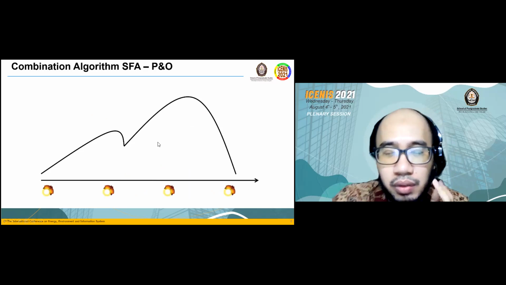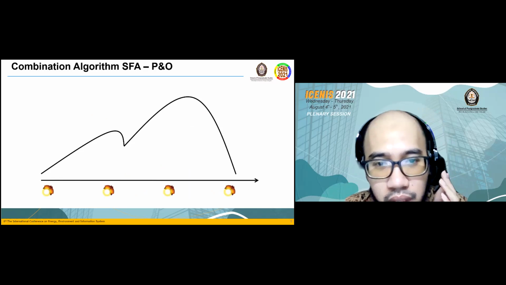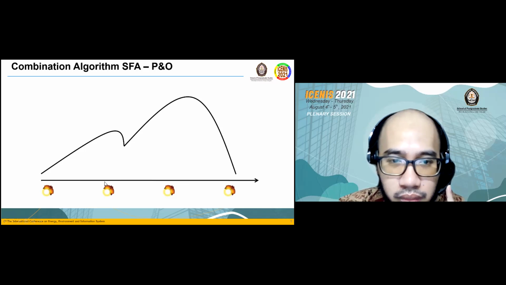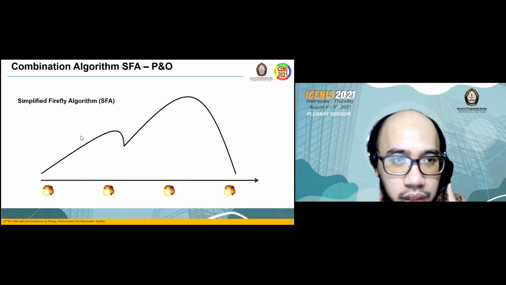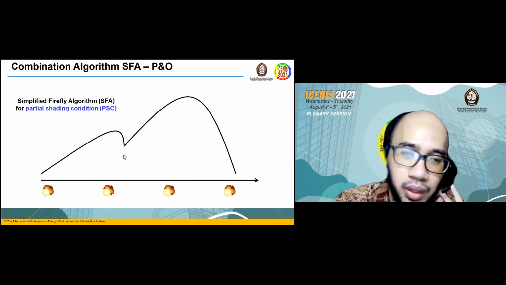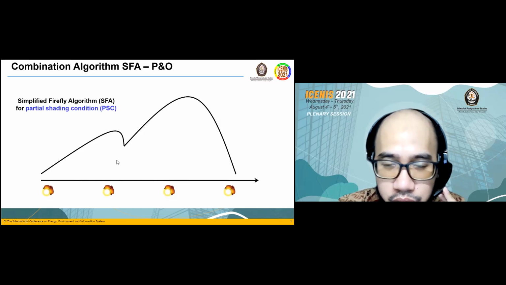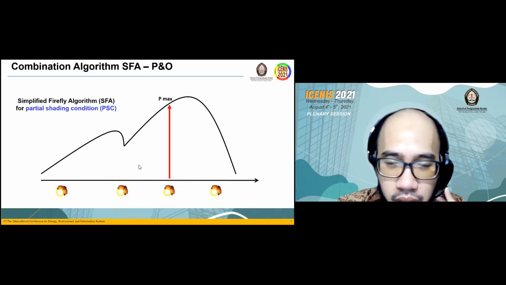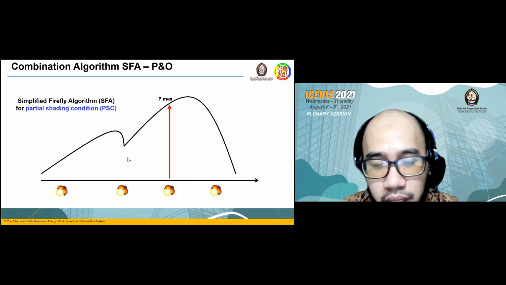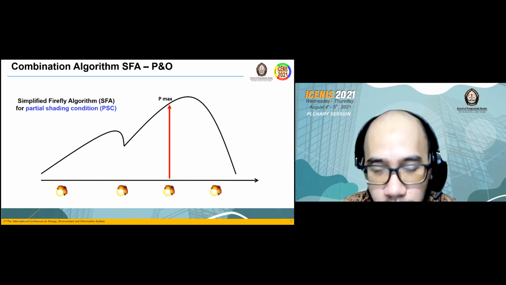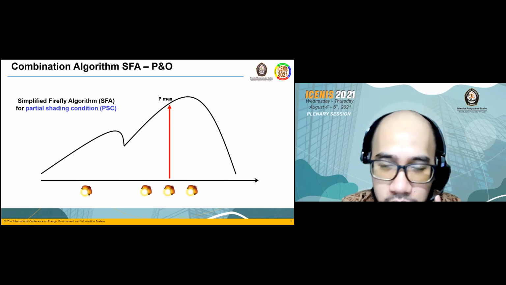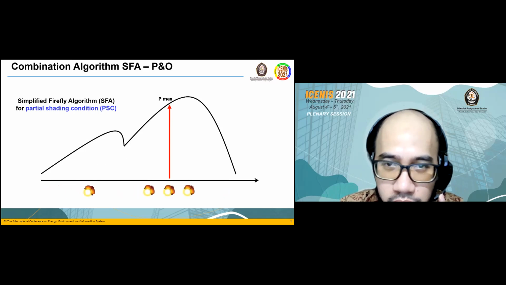This is an animation to illustrate how the firefly is used in this paper, in the simplified algorithm for partial shading conditions. The brightest firefly represents the maximum power peak, and the less bright fireflies will try to go to the maximum power point until they converge.